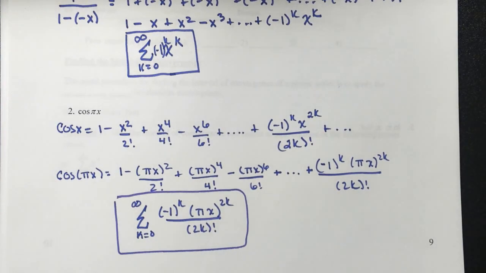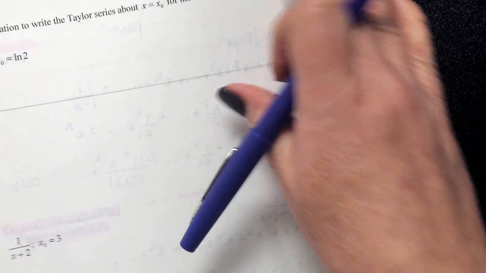So any questions on how you can use some of your common Maclaurin series and do the substitution to come up with other series? Again, this is the shortcut, so you don't have to generate them by hand. All right?